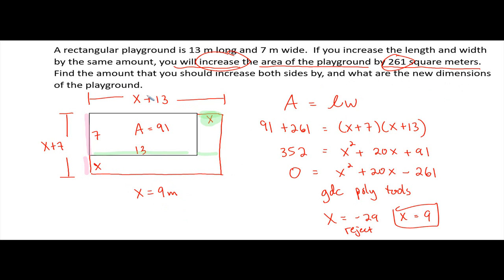And then the new dimensions: if you plug 9 in for x, 9 plus 7 gives us 16 meters by 9 plus 13, which gives us 22 meters. So this would be the dimensions of the new bigger rectangle.